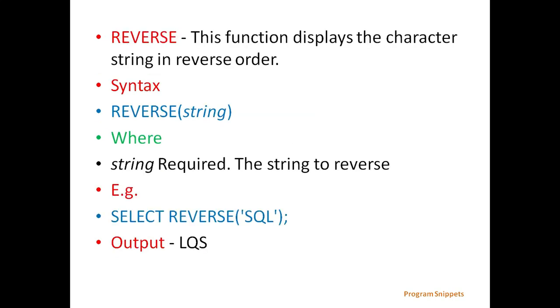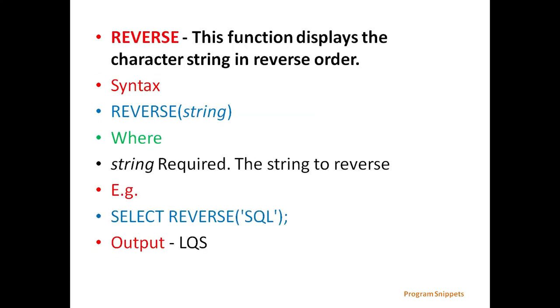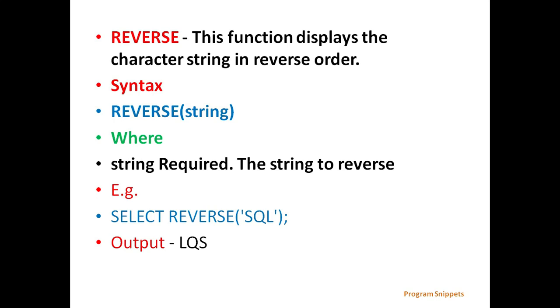Next is REVERSE. This function displays the character string in reverse order. General syntax is REVERSE(string), where string is a required parameter which specifies the string to reverse. For example, select REVERSE('SQL') will give the output LQS, since it returns the value by reversing SQL.